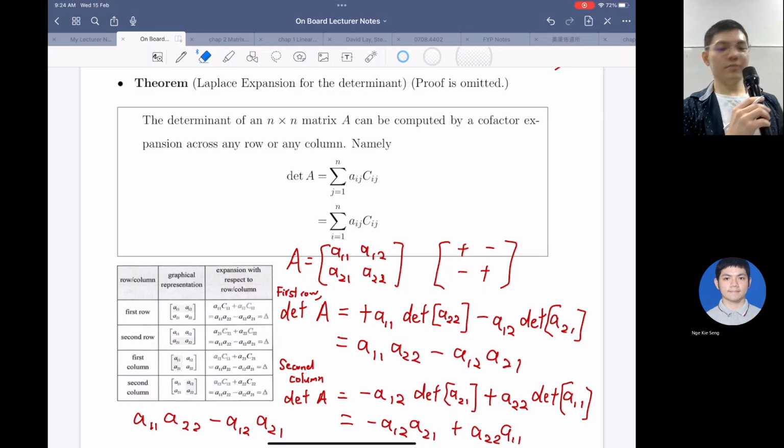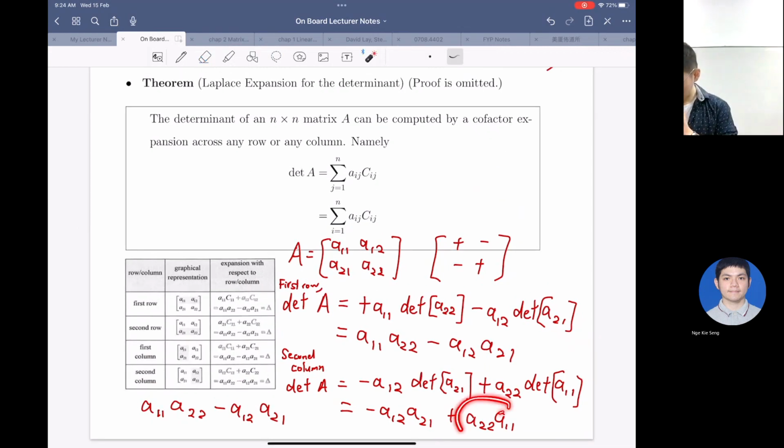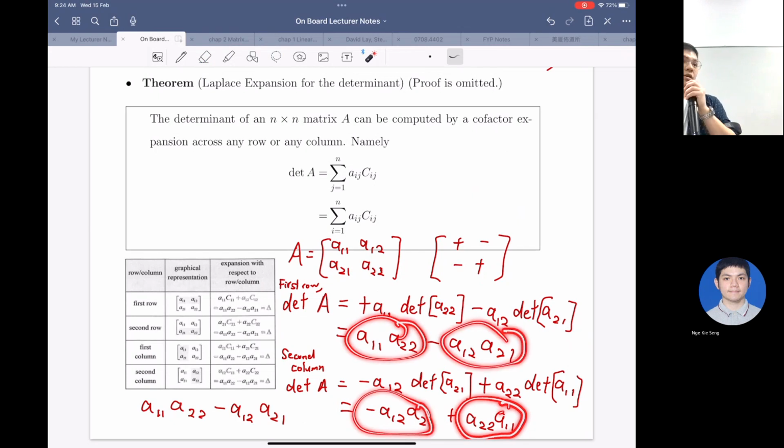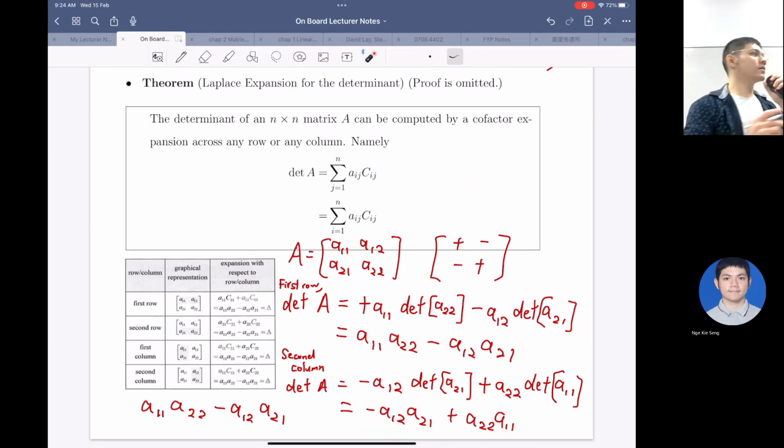So it's the same: A22 times A11 minus A12 times A21. So you can expand across any row or any column, and you will get the same determinant.